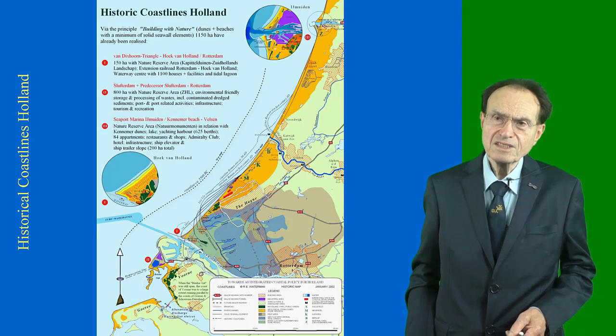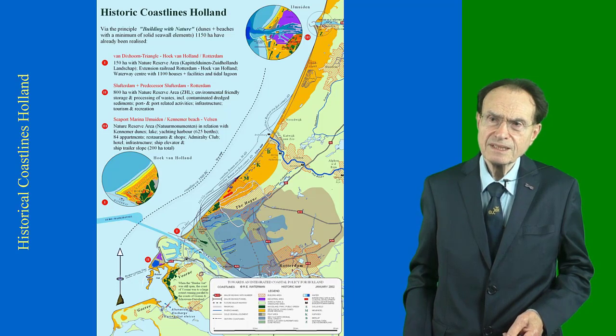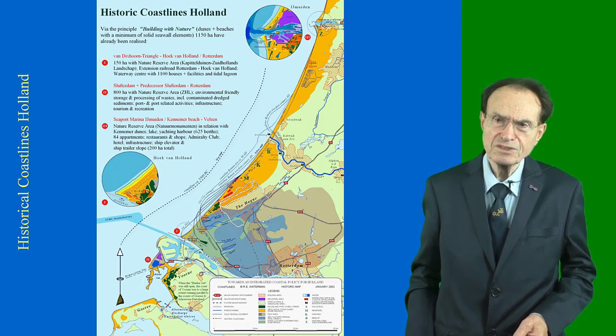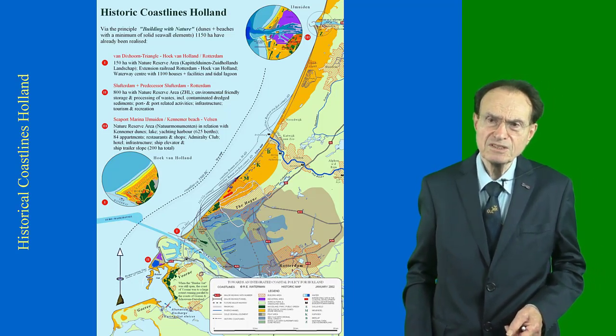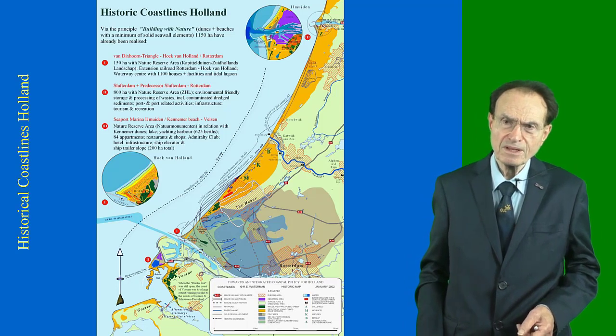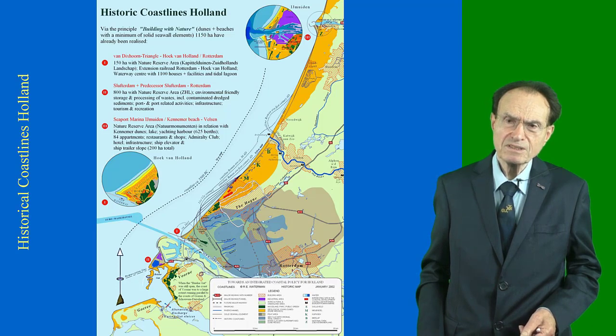When we consider the coast between Den Helder and Hoek of Holland, we have a series of interesting phenomena. We have the old Maas mouth, which entered the sea and washed away all the dunes and deposited river clay.